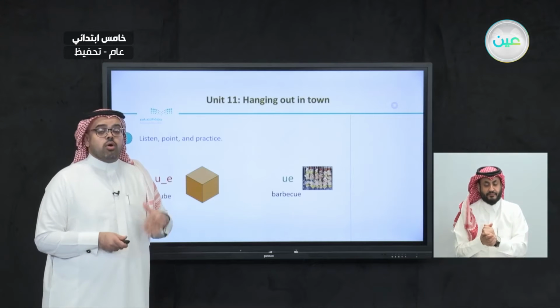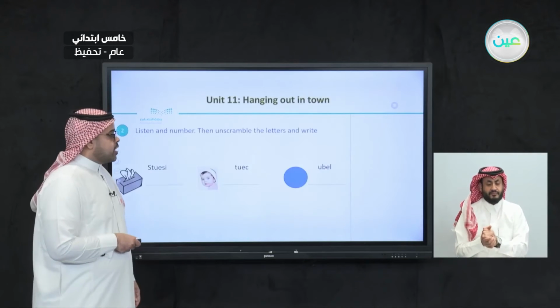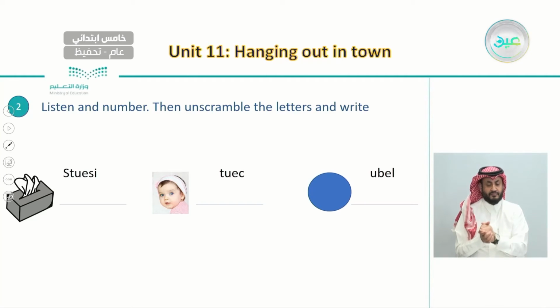Let's get to know more examples of these U's. So here, to make it more interesting and even to learn more words, we have in the second exercise, listen and number. Then unscramble the letters and write.